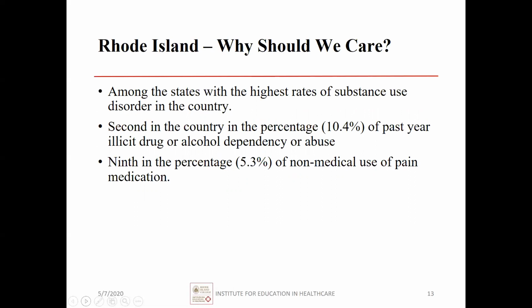We are second in the country for illicit drug or alcohol dependency abuse, and we can see this number at a relatively high level, both among adolescents and adults. And we are also ninth for people misusing prescriptions for self-medication.